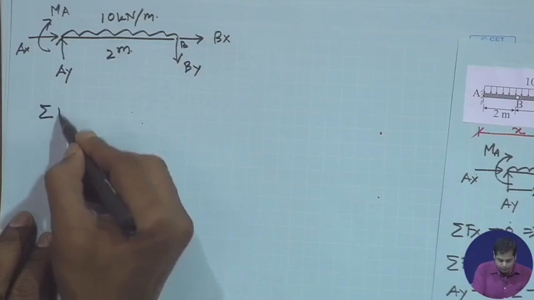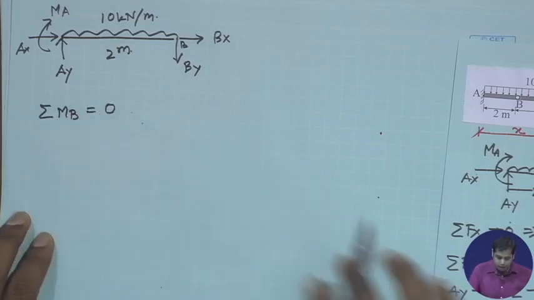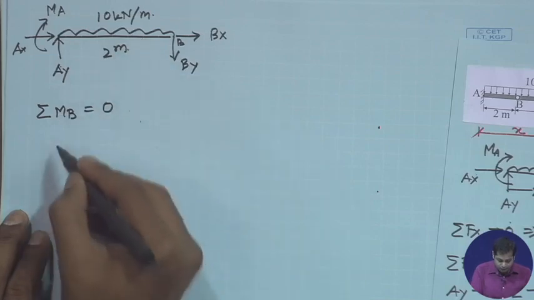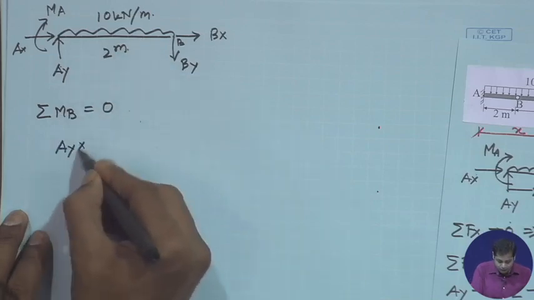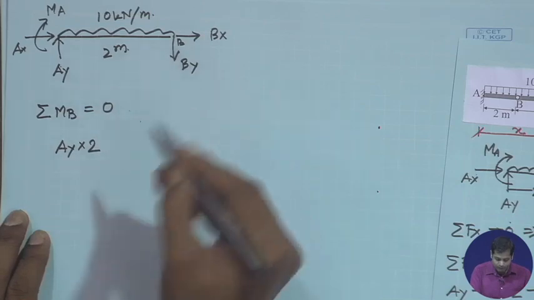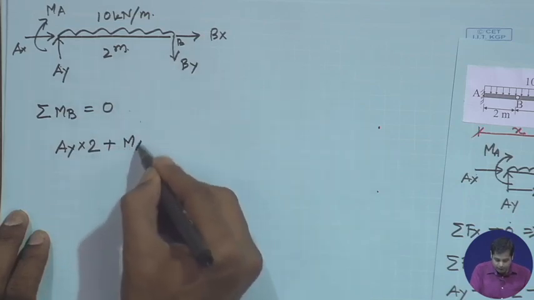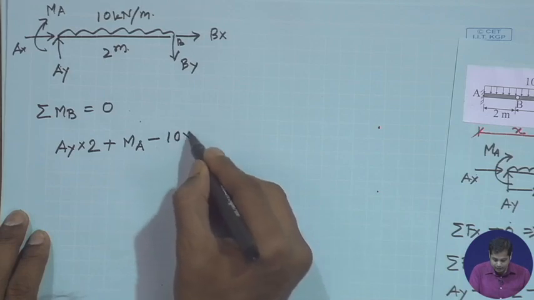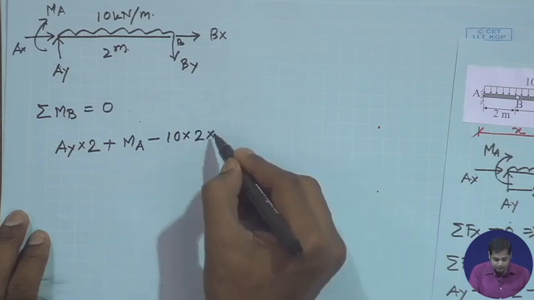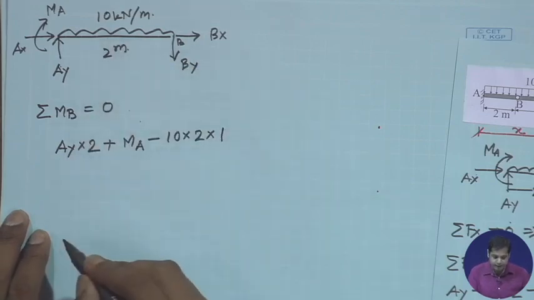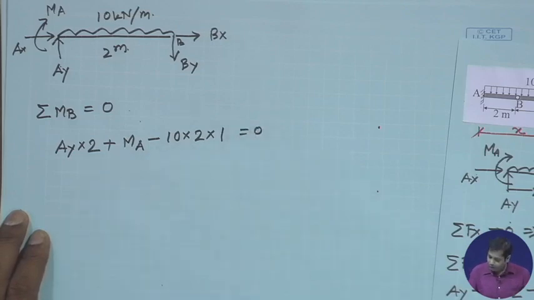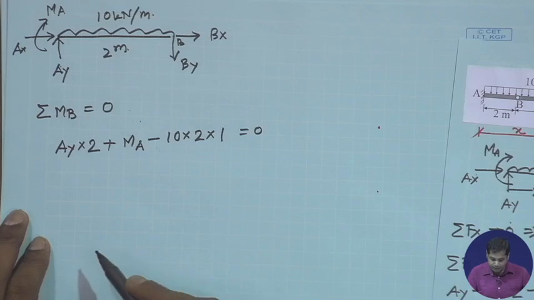You take moment about B is equal to 0. Now the forces that will contribute are Ay, MA, and this load. So Ay into 2, which is clockwise, then again MA clockwise, and then minus 10 into 2 into 1, which is anti-clockwise, equal to 0. Ay we already obtained as 35.